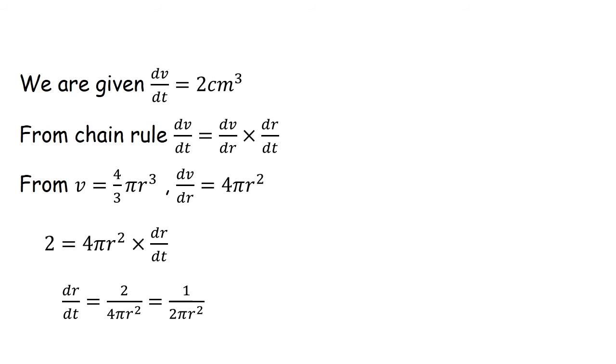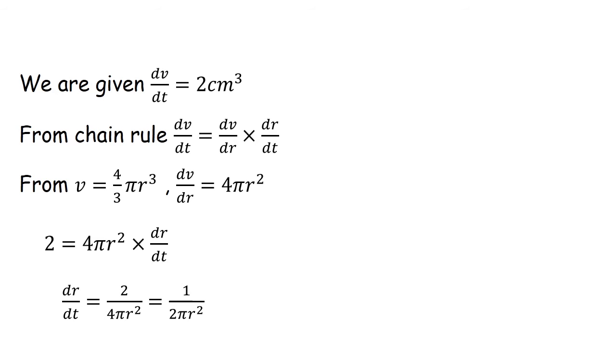This one here, we are majorly getting it from here, that here we are going to divide by 4 pi r squared. Then still here by 4 pi r squared. So that this one cancels out.